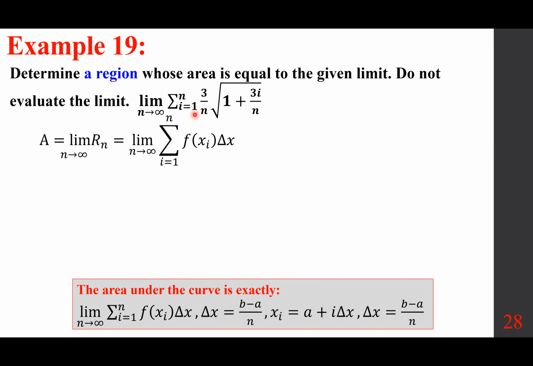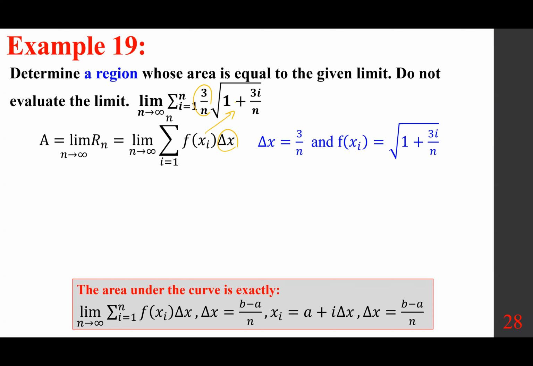So we're going to compare these two. And you notice 3 over n is delta x. And f of x sub i is what you have here. So compare and figure things out.